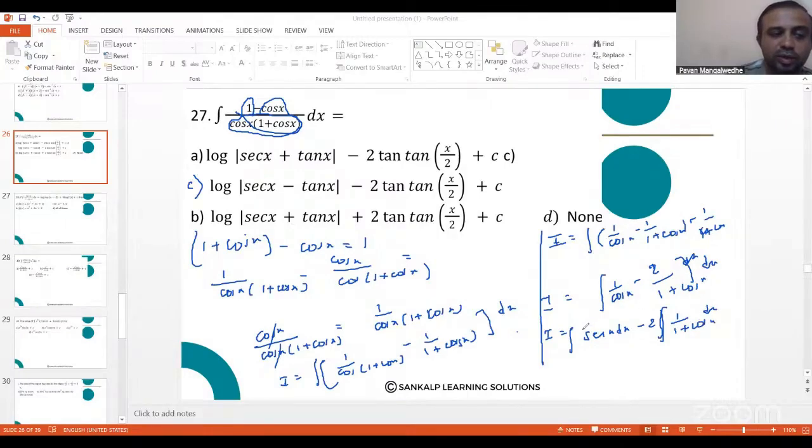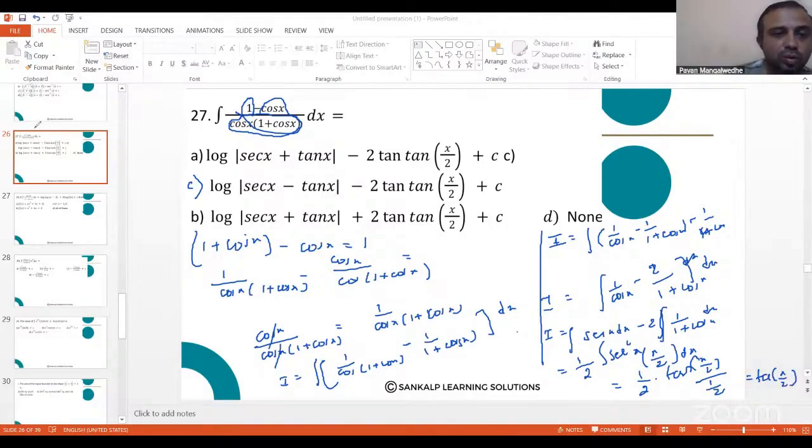So by solving this, it is in short half of sec square x by 2 dx, because 1 upon cos x is sec, which is equal to 1 by 2 into tan of x by 2 upon half, because 2 cos square x by 2 becomes half. So which is equal to tan of x by 2.